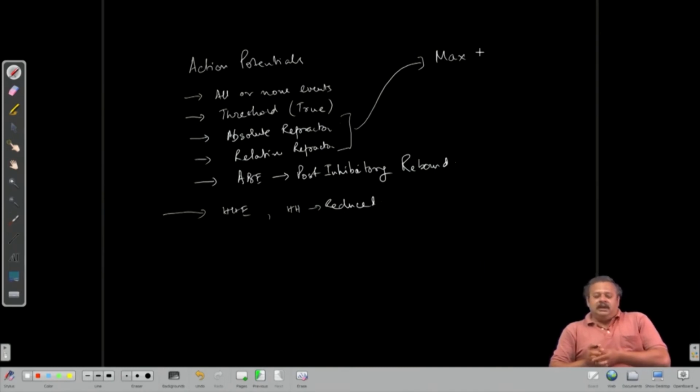So, essentially the rate of action potential occurring has a max bound.